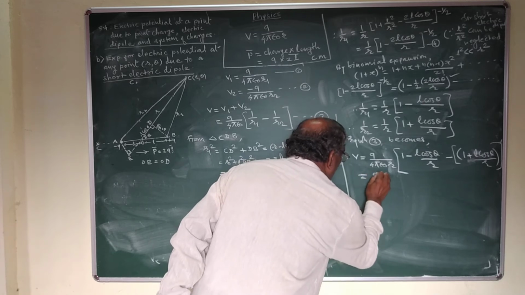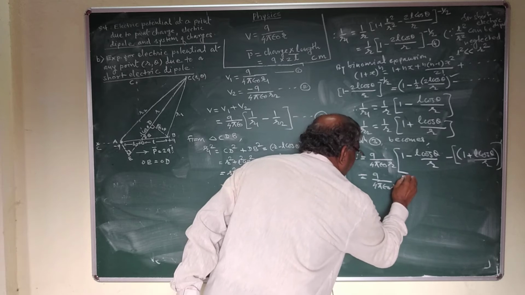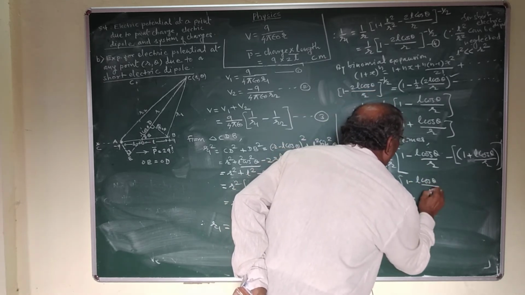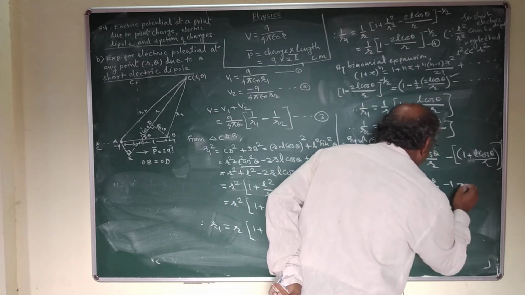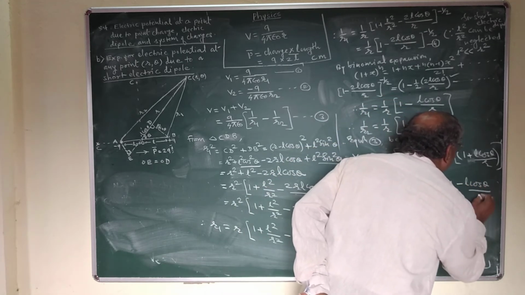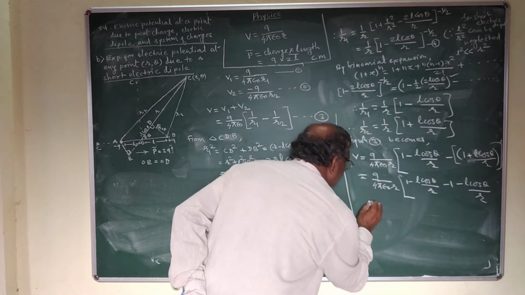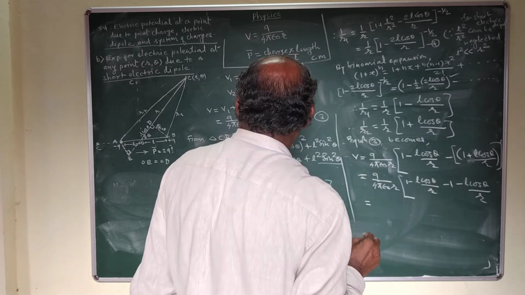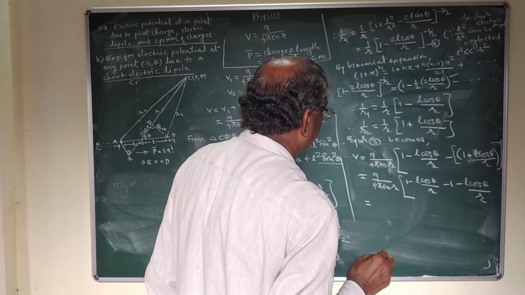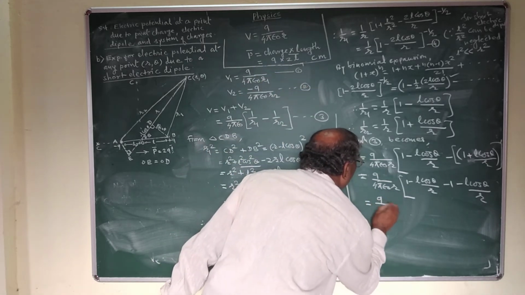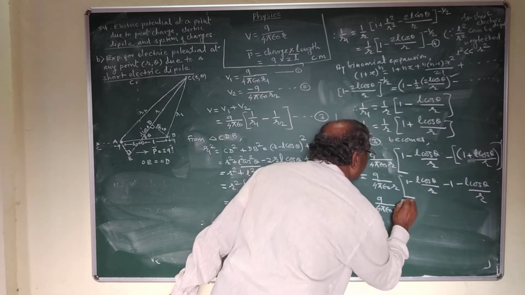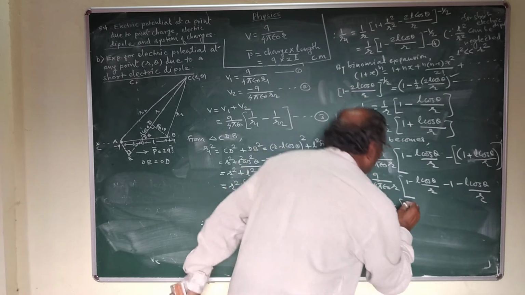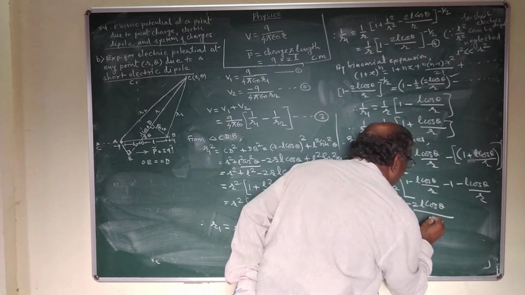Or Q upon 4 pi epsilon 0 R, 1 minus L cos theta upon R minus 1 minus L cos theta upon R. Minus 1 plus 1 cancel, that is equal to Q upon 4 pi epsilon 0 R, this is cancel, minus 2 L cos theta upon R.